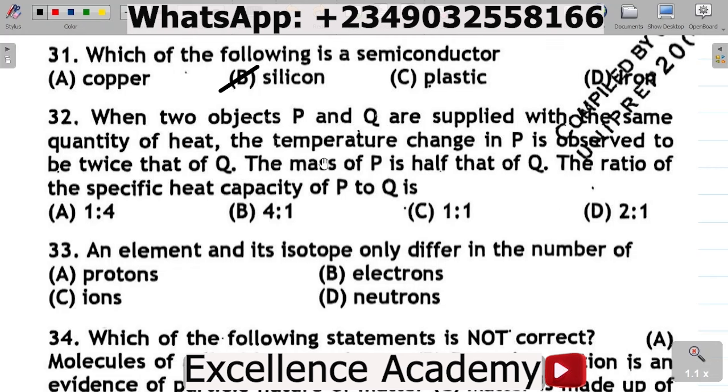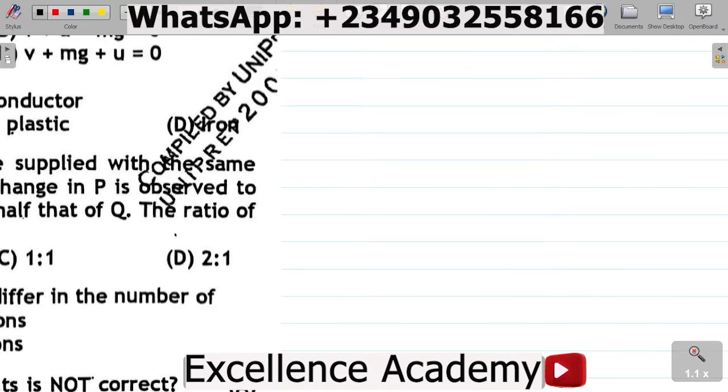Now to solve this question, they mentioned specific heat capacity, mass, and temperature.